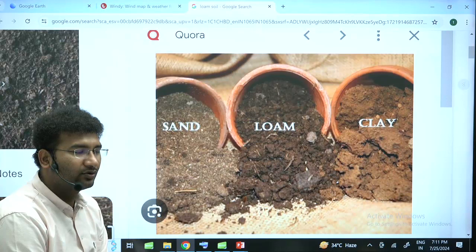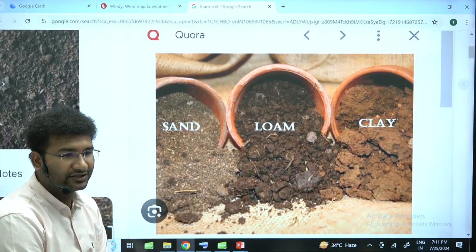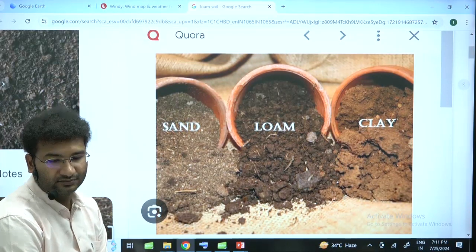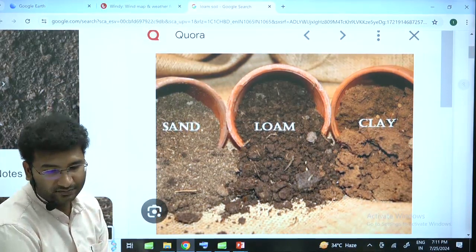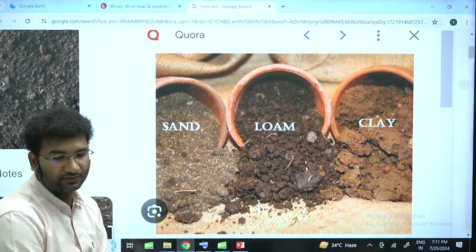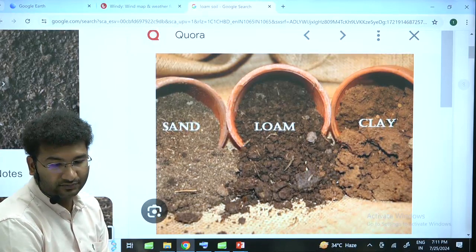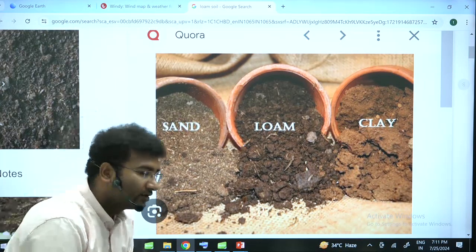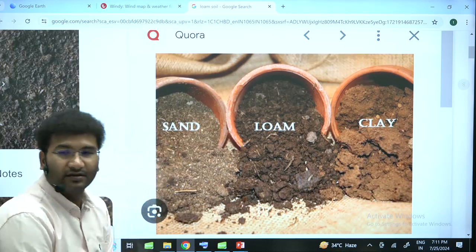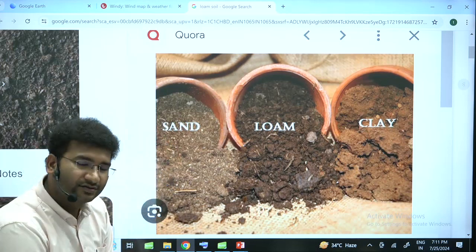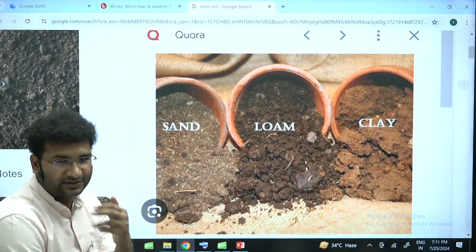When there is a good growth of vegetation, full stop. I'll explain, first completed.